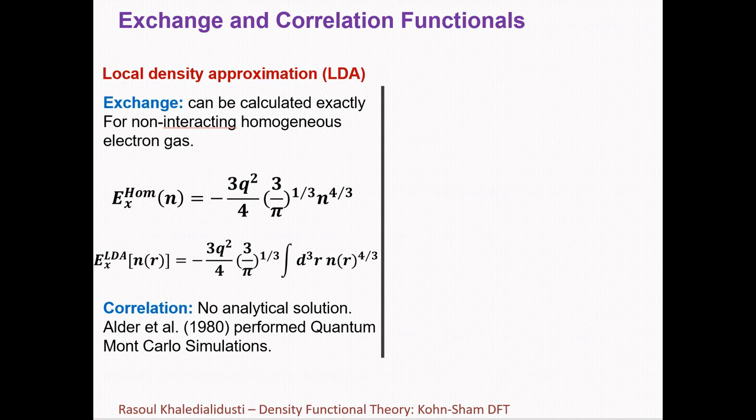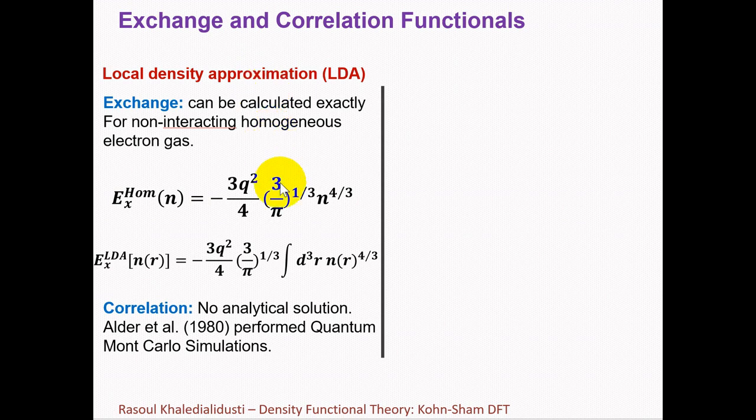Well, there are two exchange correlation functionals that we mostly use today in our DFT calculations. There are, of course, more exchange and correlation functionals, but here in this unit, I will introduce to you the two most important ones. The first one is called local density approximation, LDA. This exchange correlation functional is simply an integral over space of a function that depends only on the local density at that point.